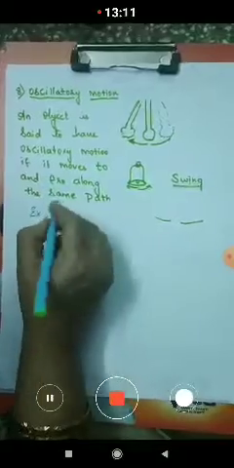Yes, how can we define oscillatory motion? An object is said to have oscillatory motion if it moves to and fro along the same path.